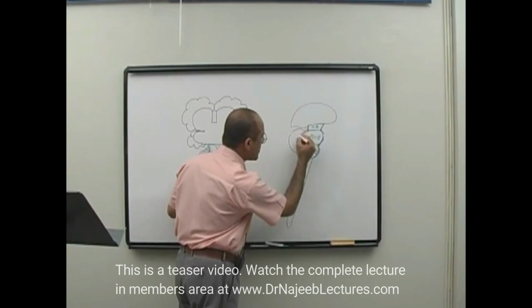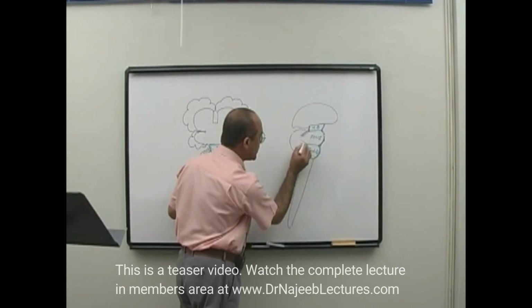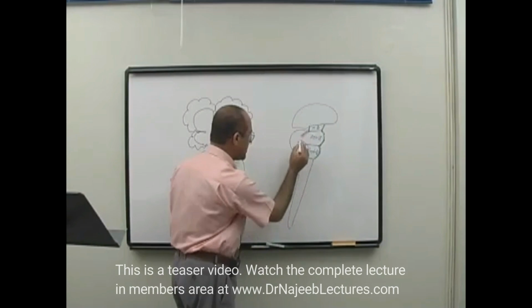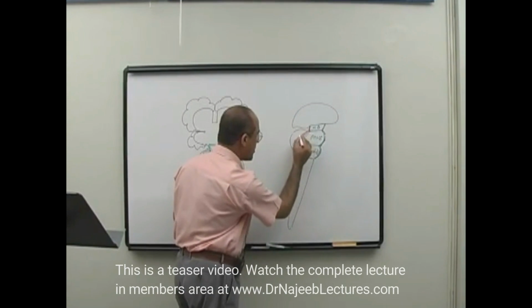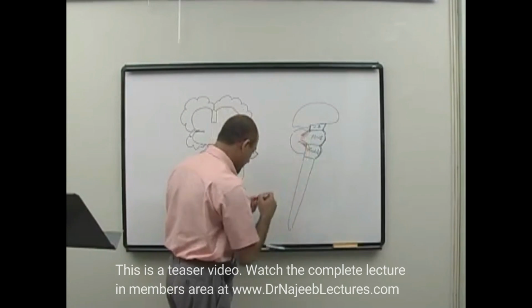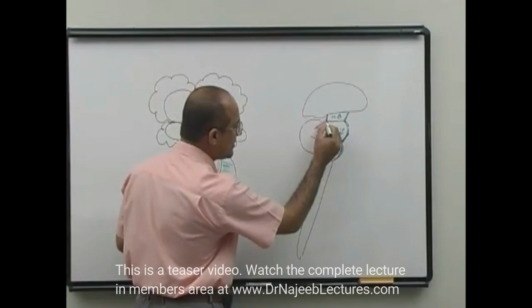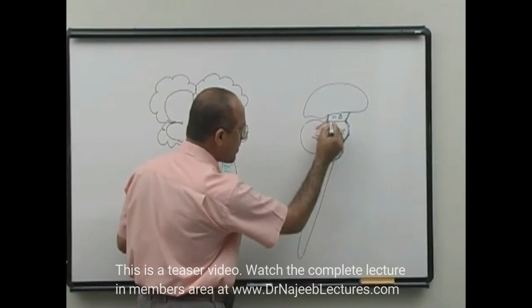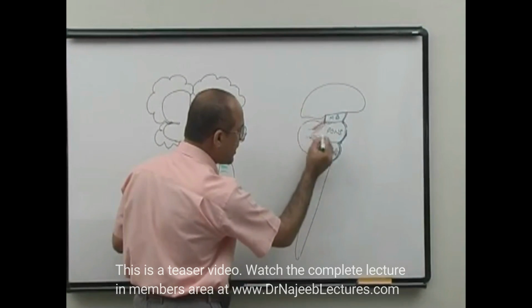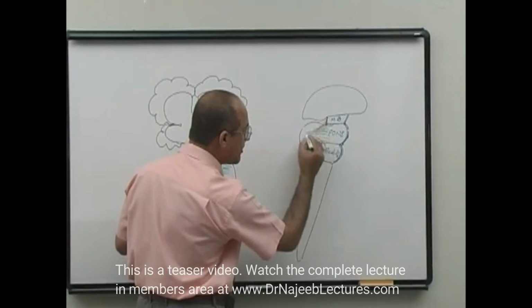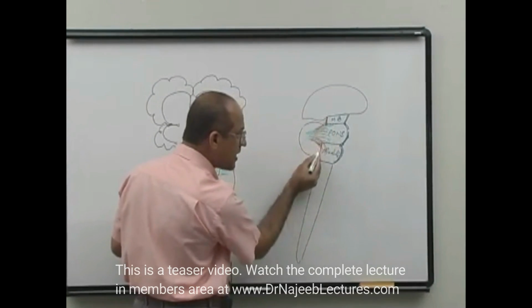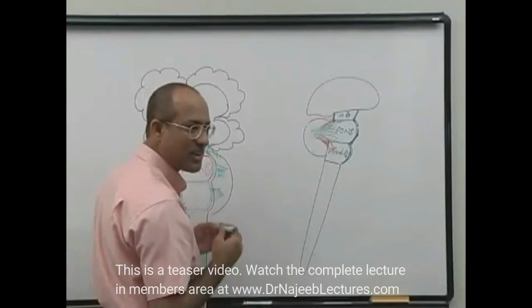Superior cerebellar peduncle. And here is what? Inferior cerebellar peduncle. And then good students know that this is, what is it? Middle. And it covers a part of superior and part of inferior.